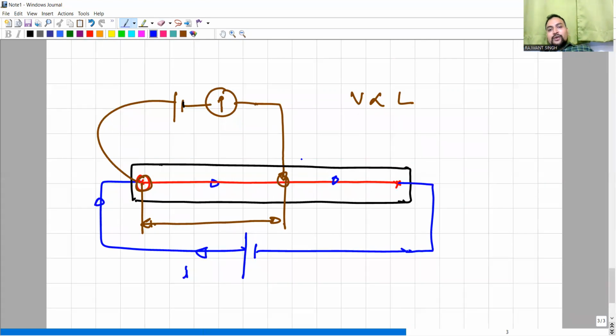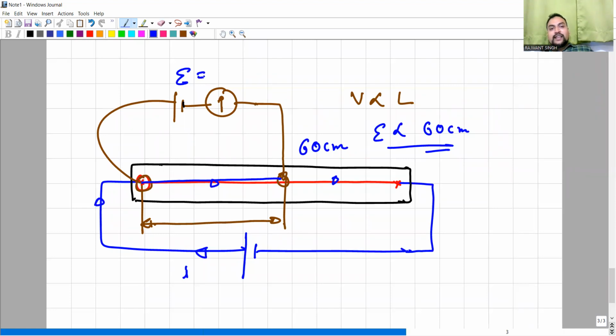Now let's say you have found the null point to be at, let's say, 60 centimeter. That means the potential drop across this length of the wire is proportional to 60 centimeter. That means the EMF of this cell would also be proportional to 60 centimeter.